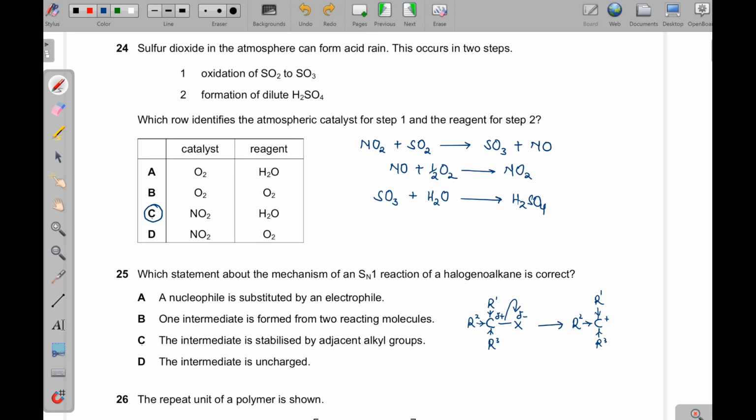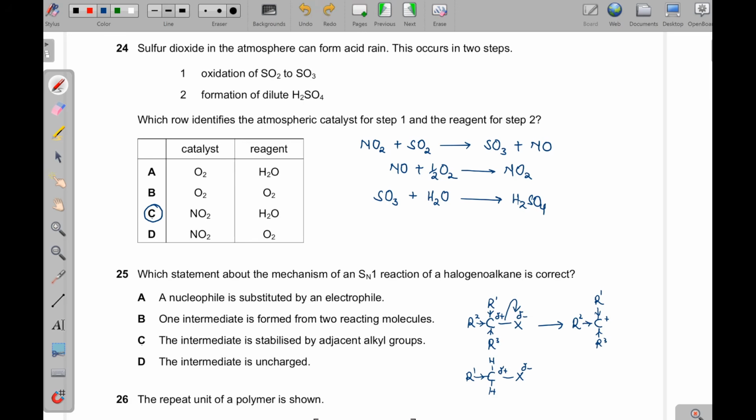Because the stabilization of this carbon is not so strong, as it is done by only one alkyl group. I have one alkyl group here, and then a hydrogen here, and a hydrogen here.